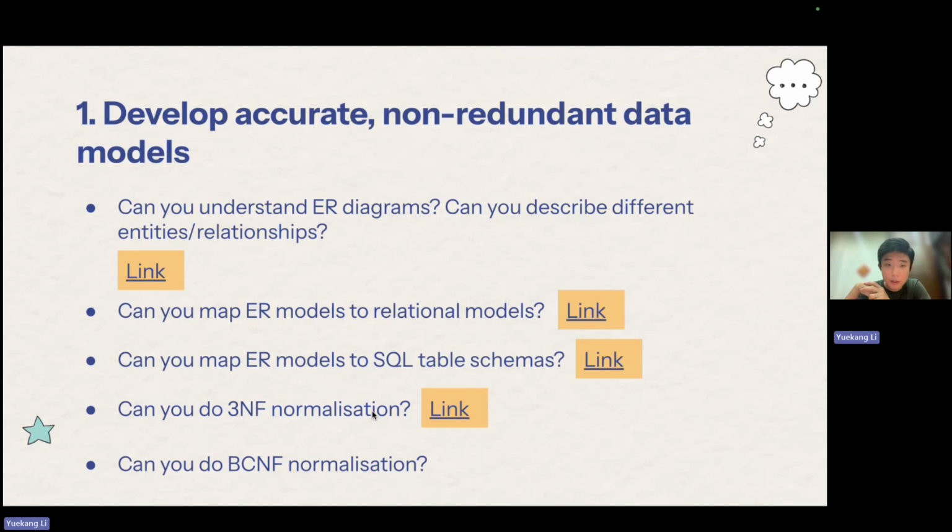The last question here is, can you do BCNF normalization? Similarly, you have a link here. The reason for learning 3NF and BCNF normalization is that they are the most commonly used normal forms in practice.